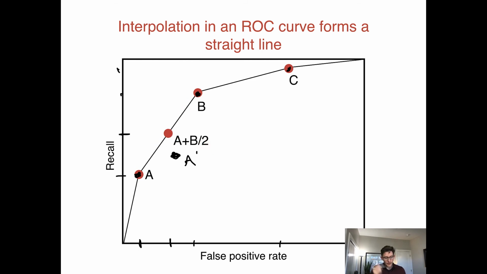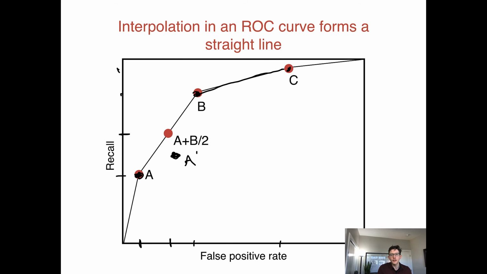Now, the nice thing about this is we can realize that this predictor here will always give us better approaches than if we use this other predictor A prime, because if we wanted, again, some intermediate false positive rate, we can just trace out this line. So the thing you'll see often is that when people have just some set of points, they'll linearly interpolate.